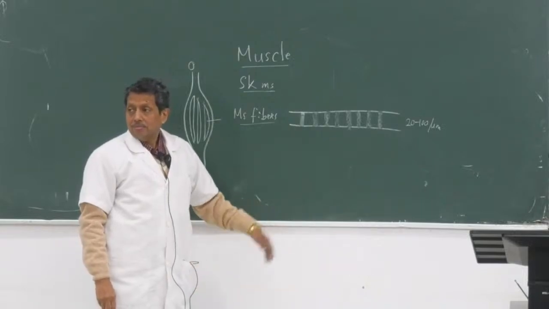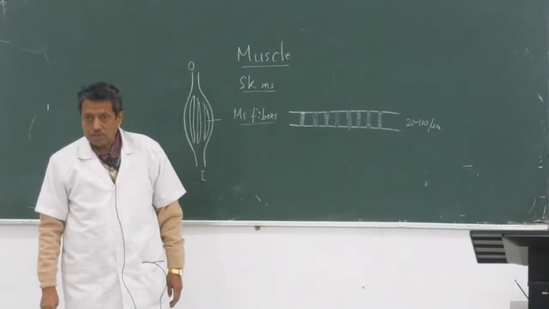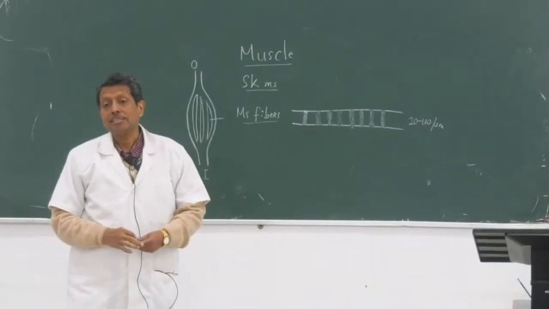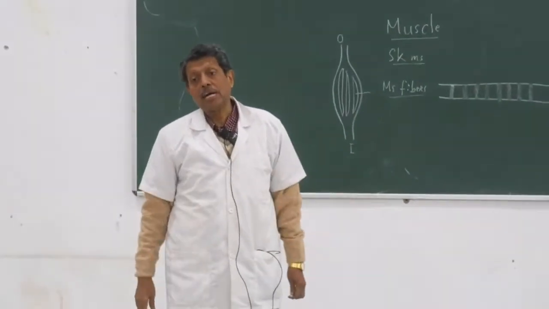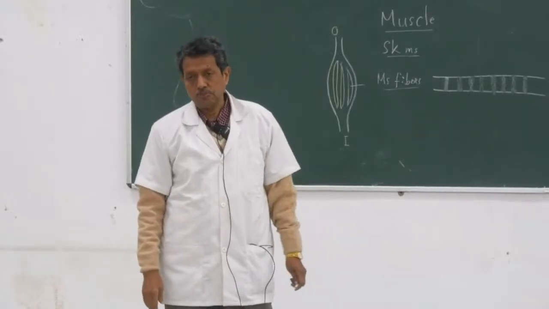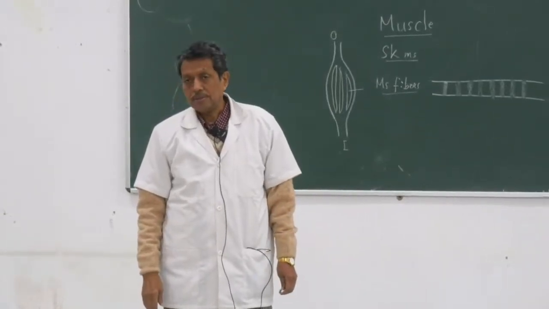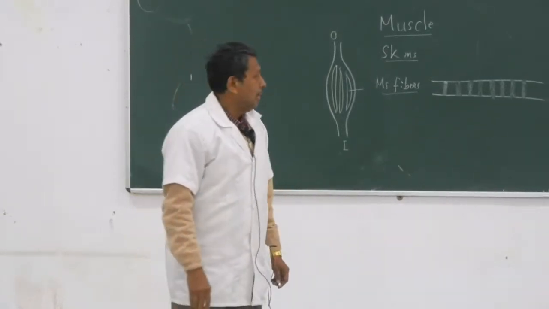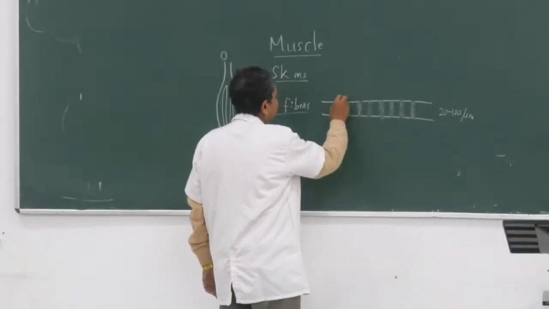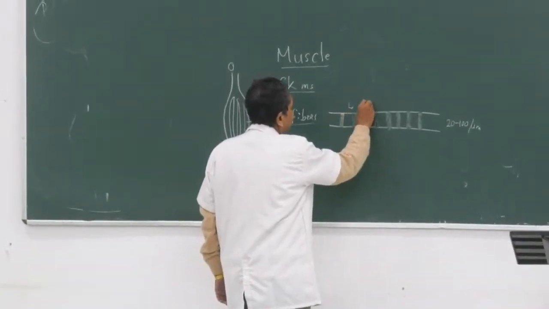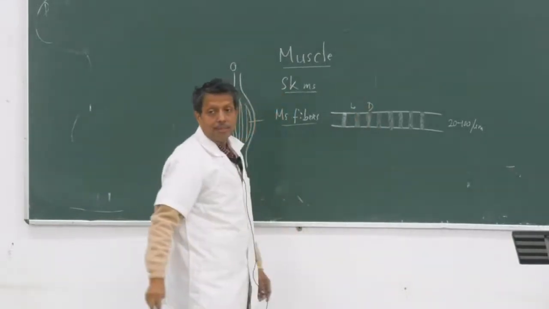Cardiac muscle also have striations, but they branch and they interdigitate with others. But here it is not so. And these are called alternate dark and light band. Light and dark bands, alternate.